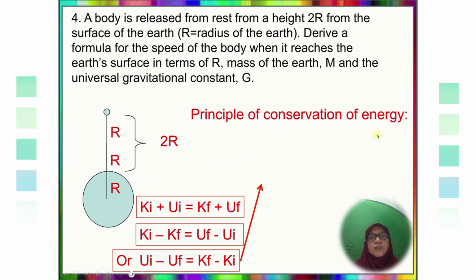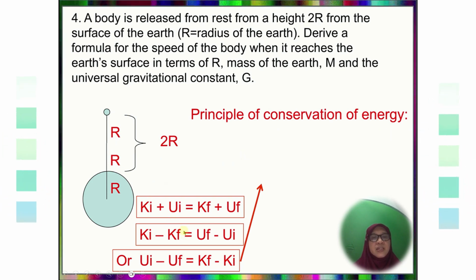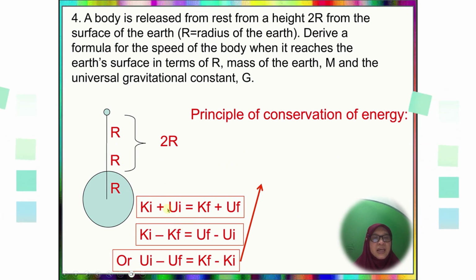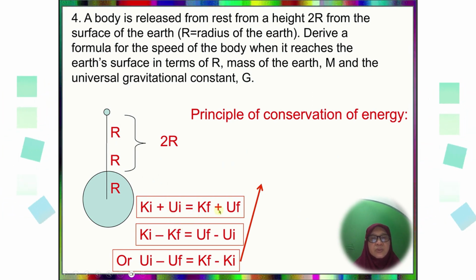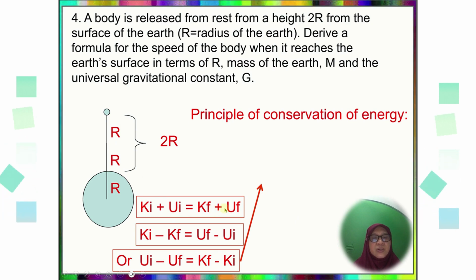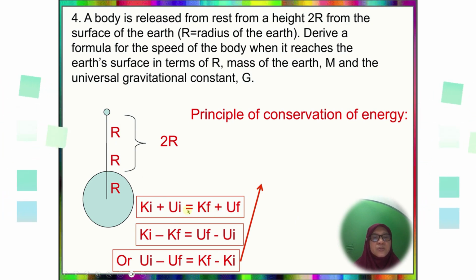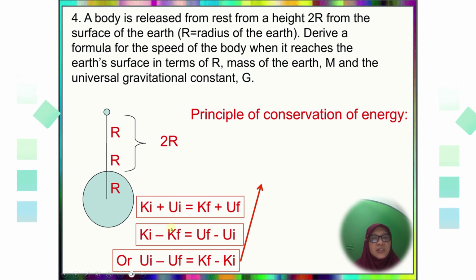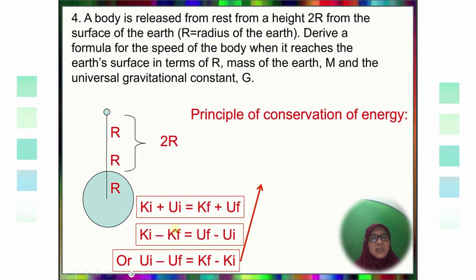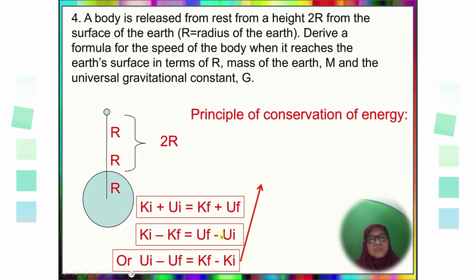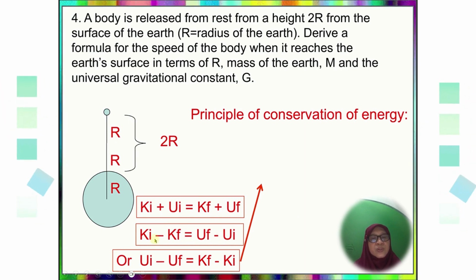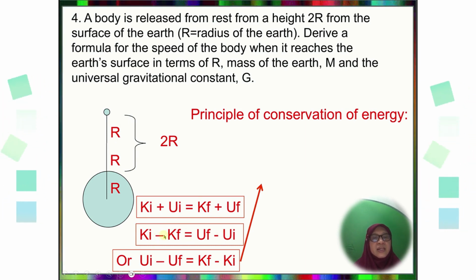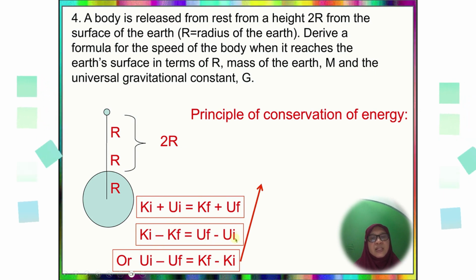So we use the principle of conservation of energy. It says that the total energy at the initial position equals the total energy at the final position. When we bring kinetic energy to one side and potential energy to the other, we get change in kinetic energy equals change in potential energy.